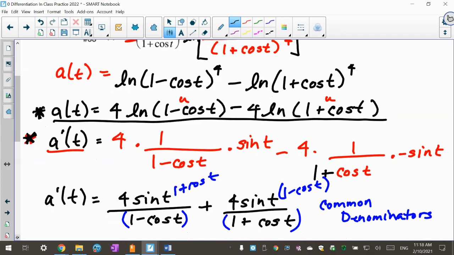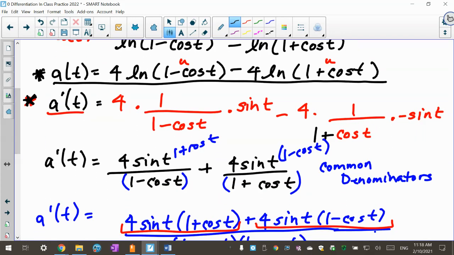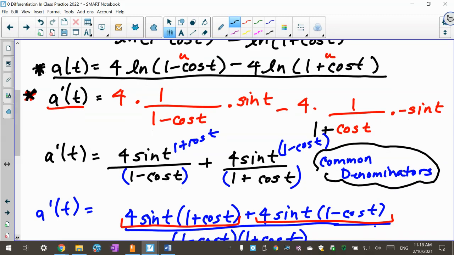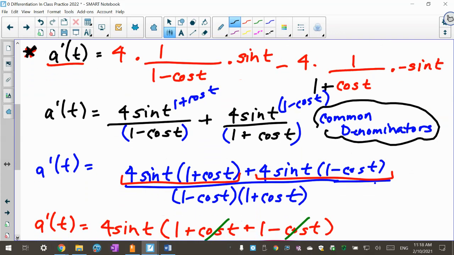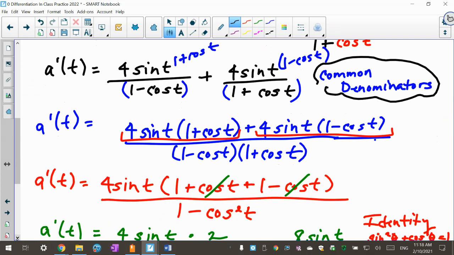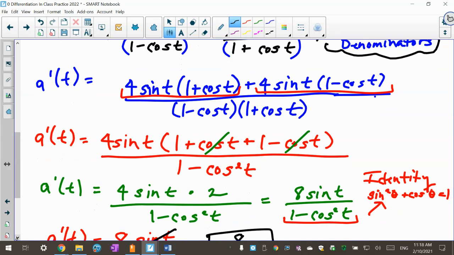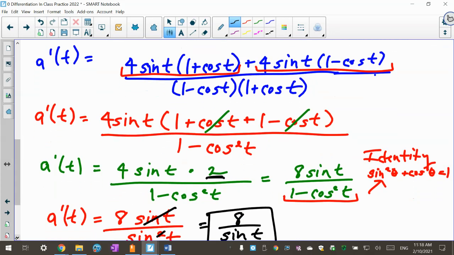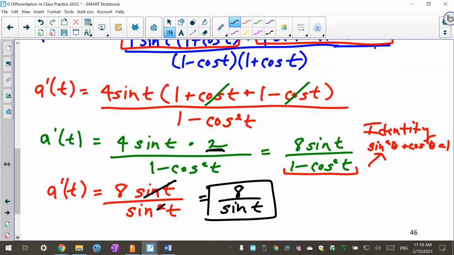I come up with this with 2 fractions, and then we did common denominators to make this one term, and went through and did that part, factored out the 4 sine t, saw that the cosine t's canceled, and I had a 2 here, and then I multiplied that, so I came up with here, realized that this is an identity, and then I rewrote that as sine squared t, and it simplified down to 8 over sine t.